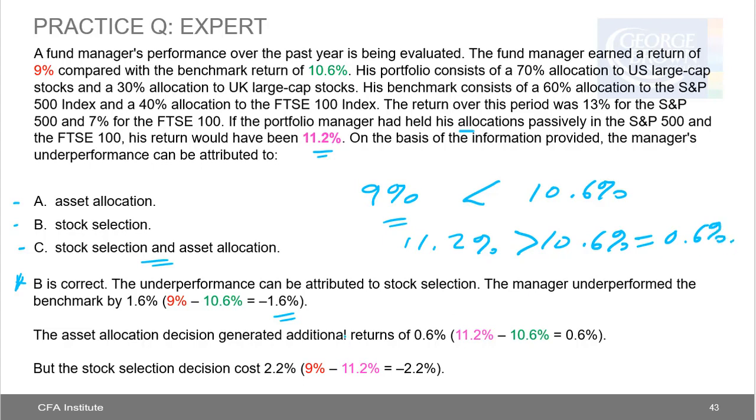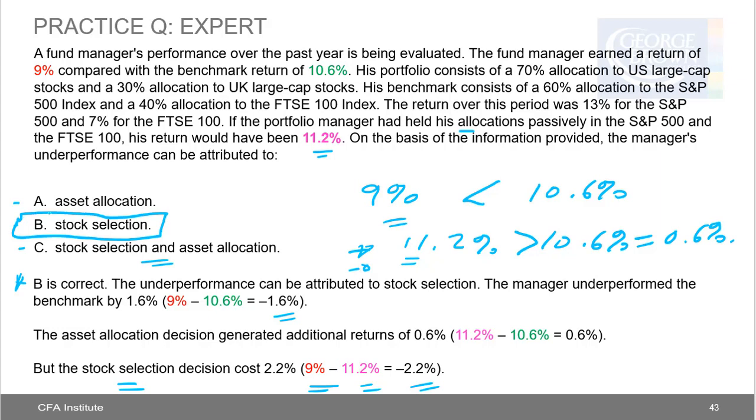Okay, so that means that there must have been a negative on the security selection, because the manager didn't get 11.2%. The manager got 9%. So 9% minus 11.2% equals negative 2.2%, and that is attributed to the stock selection decision. Okay, so the correct answer is B.